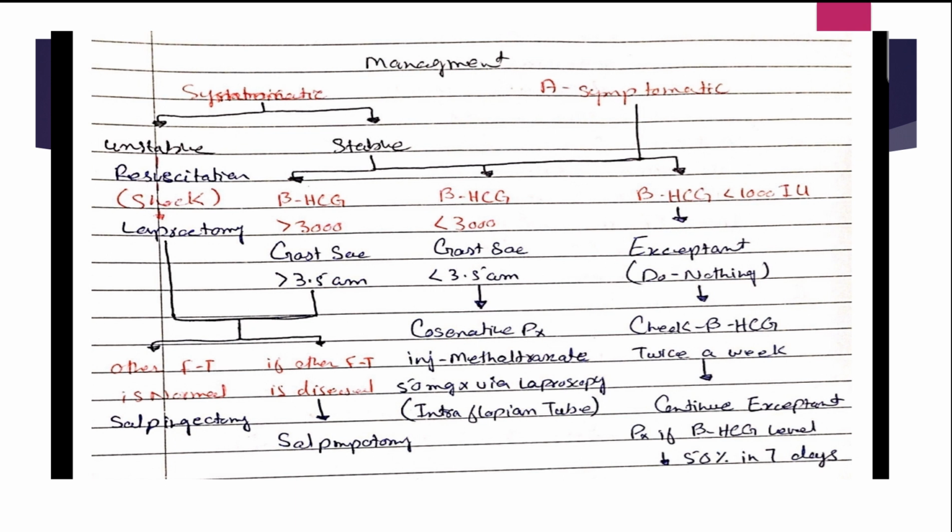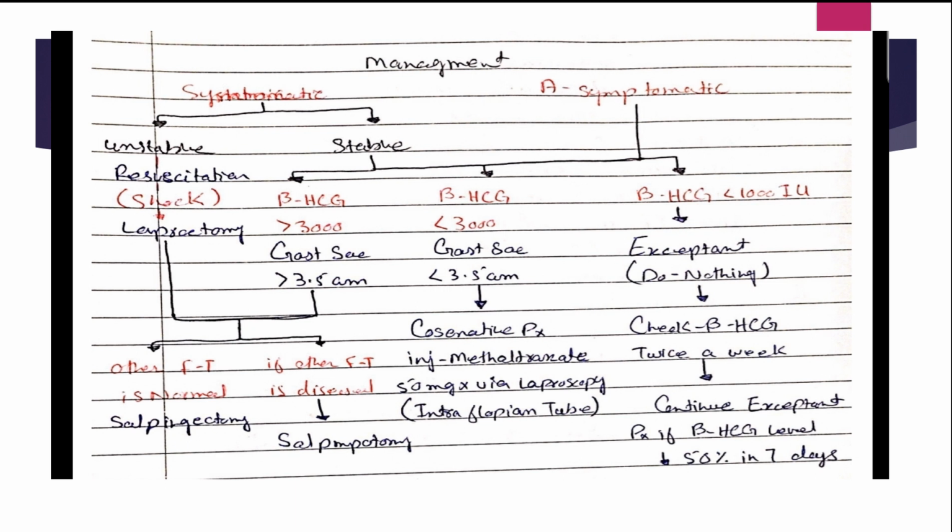If one fallopian tube is diseased and one has the ectopic pregnancy, the treatment option will be salpingostomy. It means you will open up the tube, remove the ectopic mass and reconstruct it. Why would you go for salpingectomy if one is normal and the other has the ectopic pregnancy?